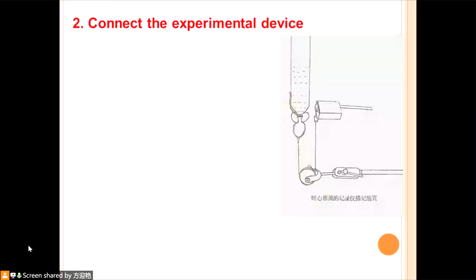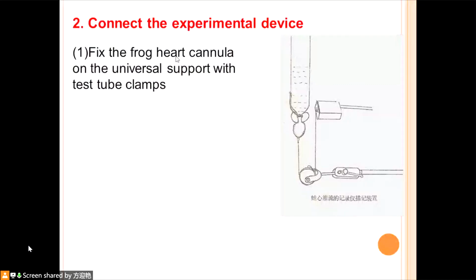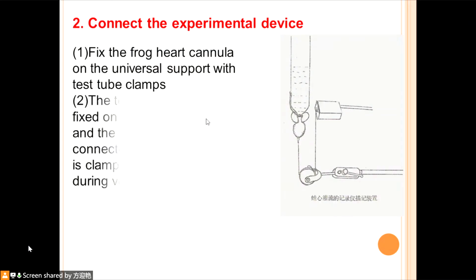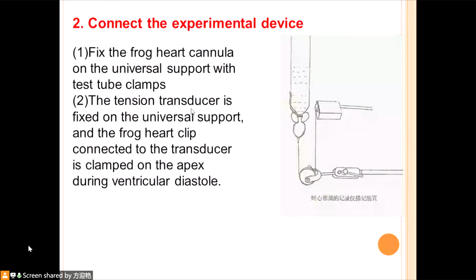We first fix the frog heart cannula on the universal support with the test tube, and the tension transducer is also fixed on the universal support.